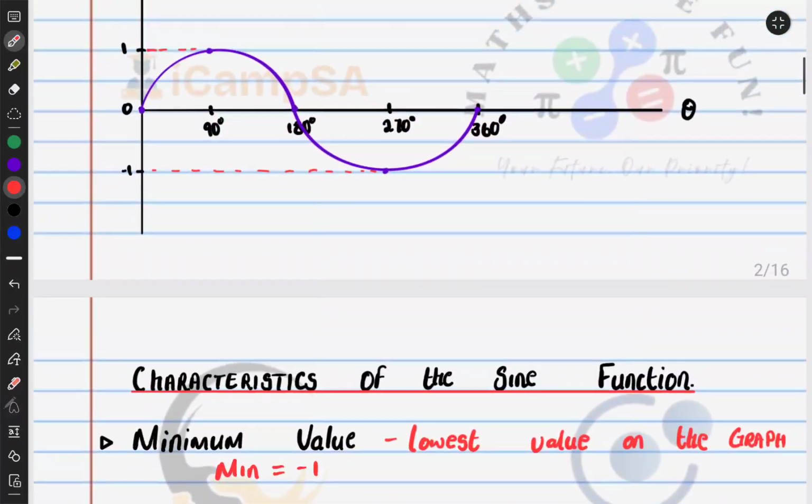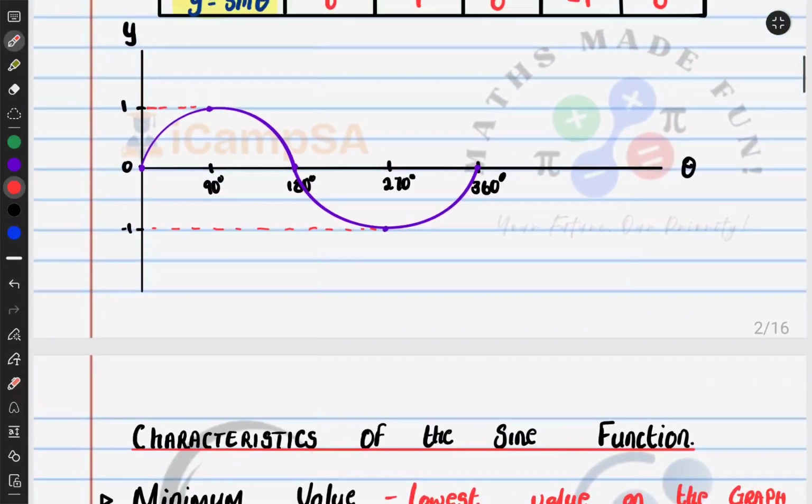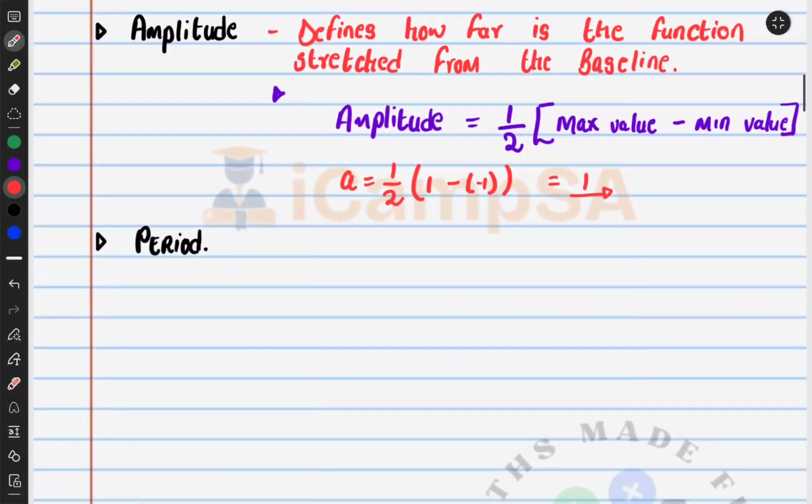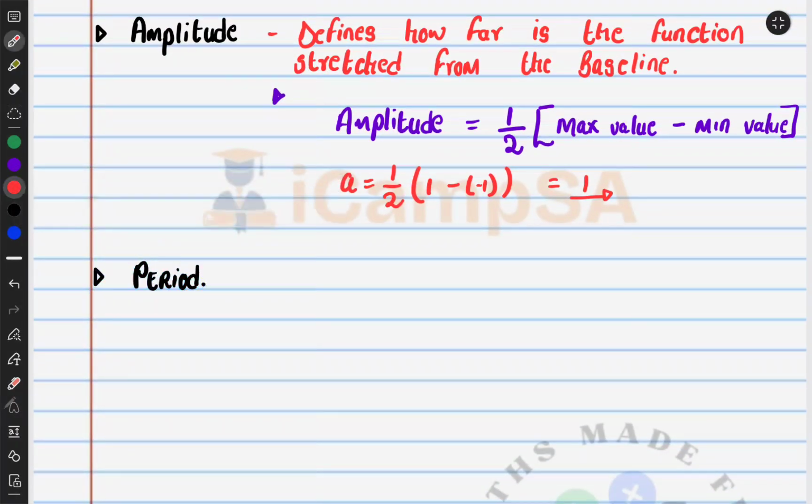So for this particular function, the amplitude is how far the function is stretched from the baseline. See this line that I'm drawing here will give us our amplitude. This here will be your baseline. You can read it from the graph directly, but always remember that the amplitude is always positive.